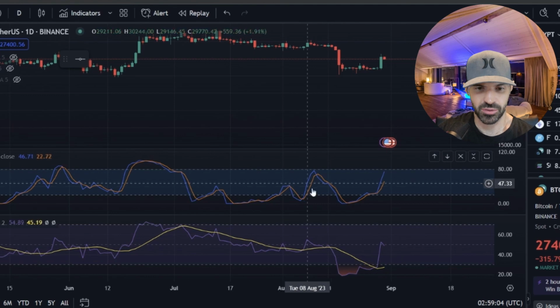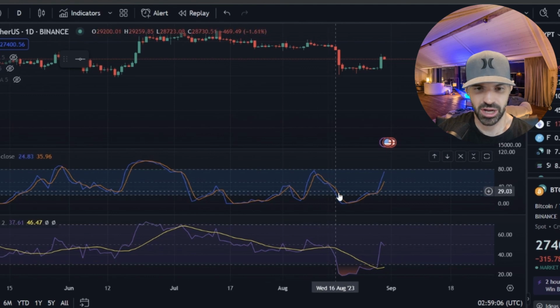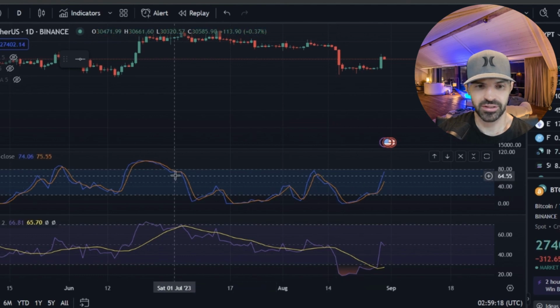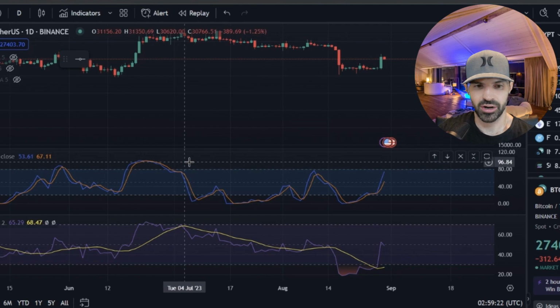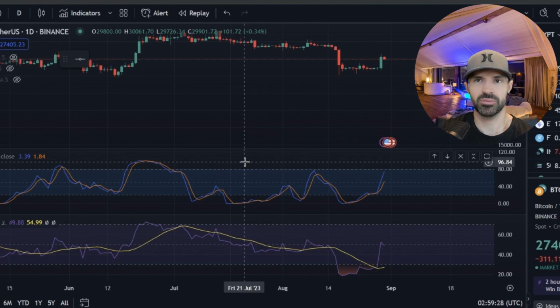So the key takeaway is, once it passes the 20 dotted line, then you know that you're coming to oversold levels. And when it passes the 80 dotted line, you know then you are at extreme overbought levels. So what this indicator does is it stops you from FOMOing into the market.